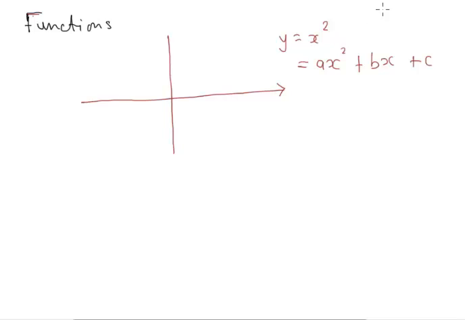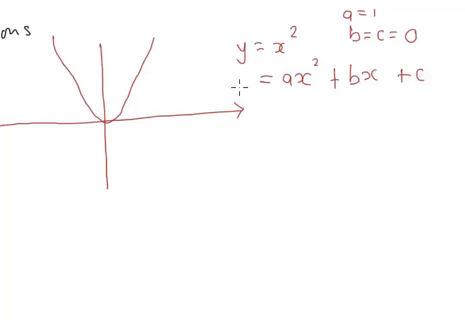So when I'm here, I'm saying a equals 1, and b equals c equals 0. All together. Then that parabola would be something like this.